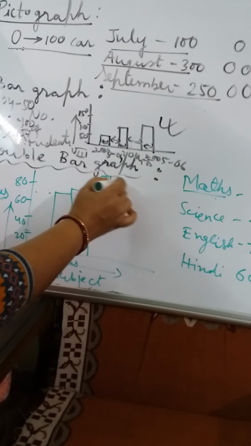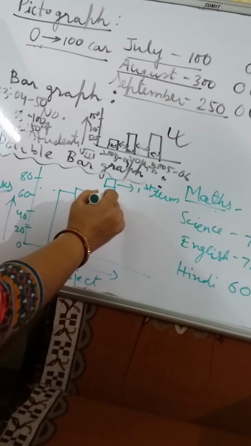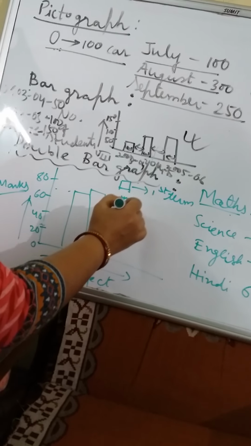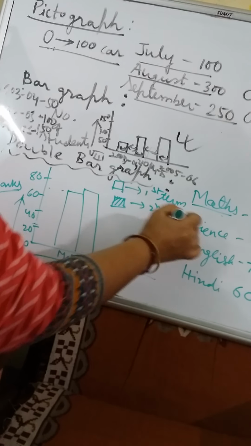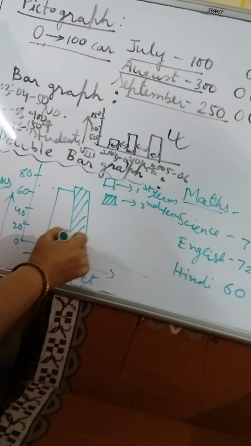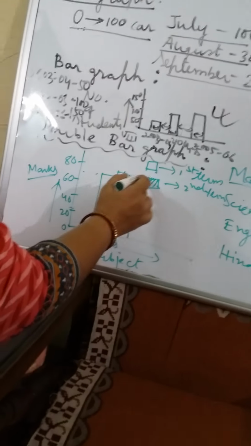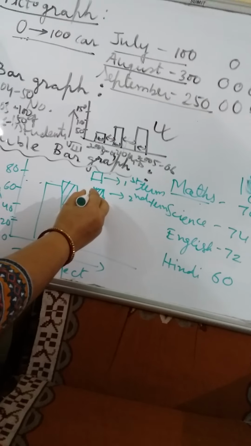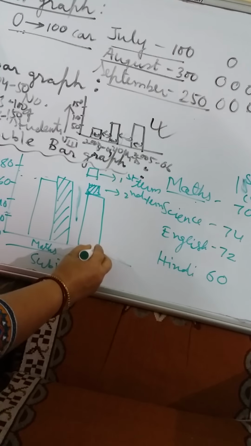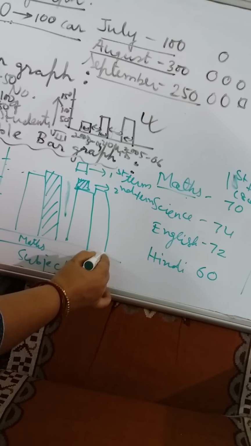The first term and second term I have to differentiate. If I represent this one as the first term, I have to represent the other as the second term. And in science he has got 74 in the first term and 78 in the second term.